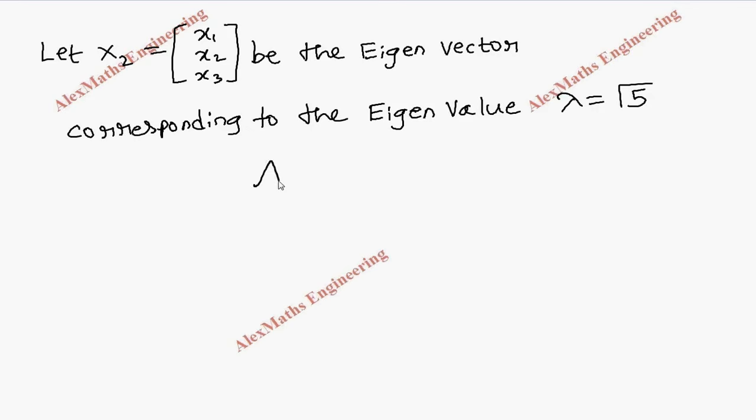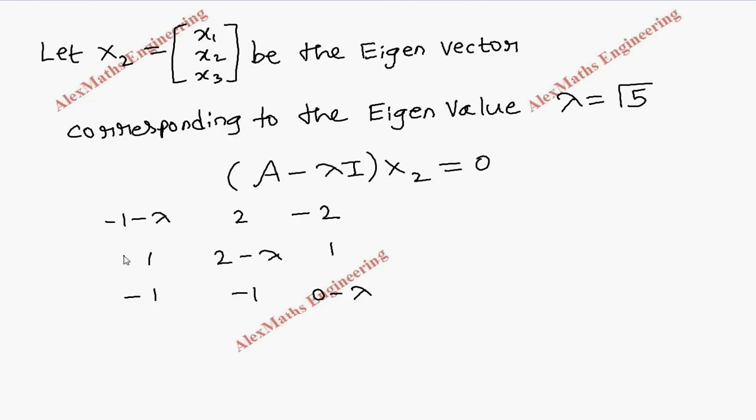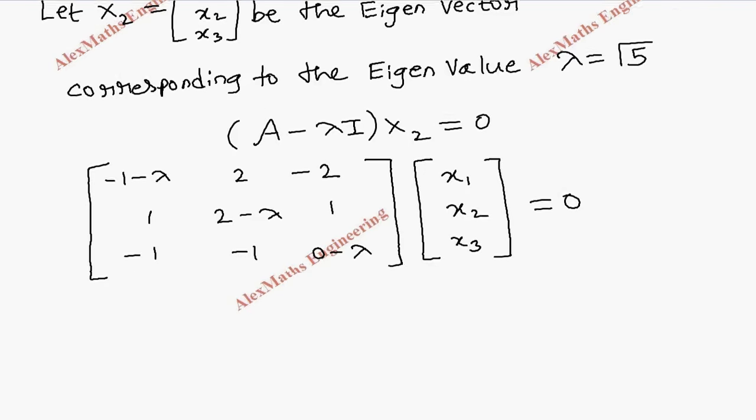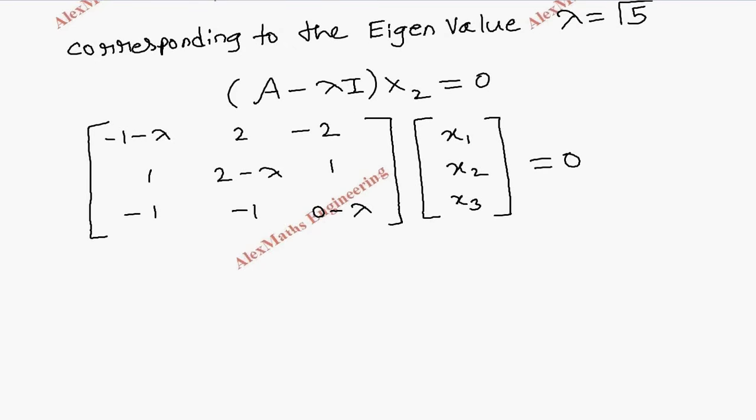So once again we write the matrix A minus lambda I product with x2 equal to 0, and these are the elements of the matrix A minus lambda I, and we have to multiply this with x1, x2, x3, which is equal to 0. Now again, as usual, we substitute the value of lambda, that is lambda equal to root 5, in this matrix.